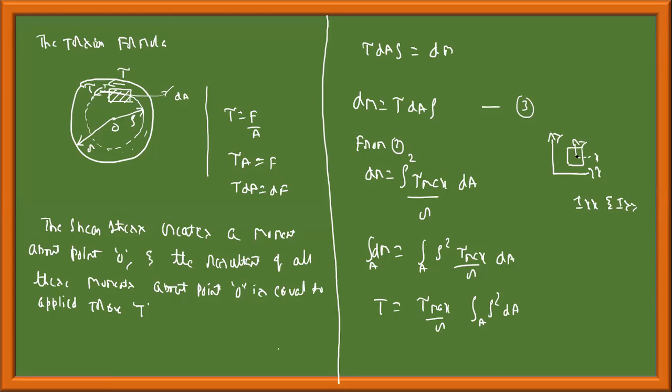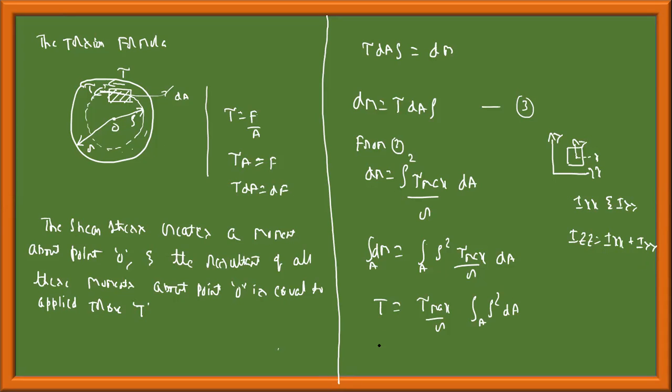If I take the moment of inertia about this point O, it becomes the polar moment of inertia, which is the sum of these two Cartesian moments of inertia: Izz is equal to Ixx plus Iyy.